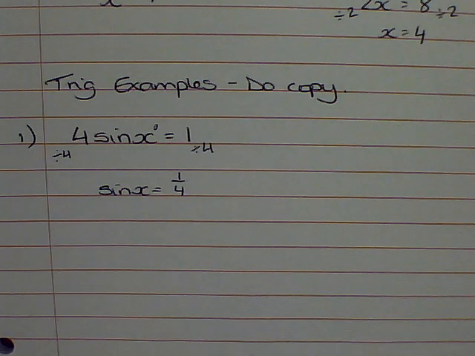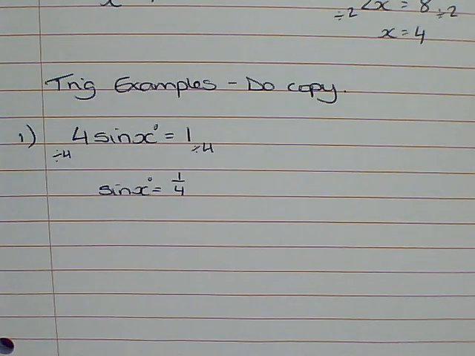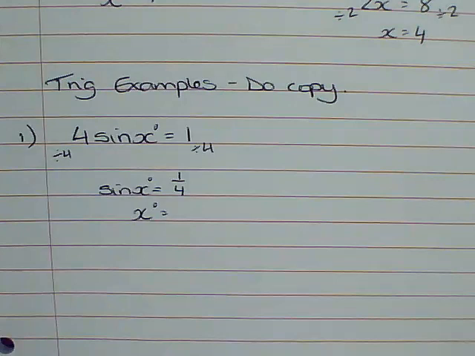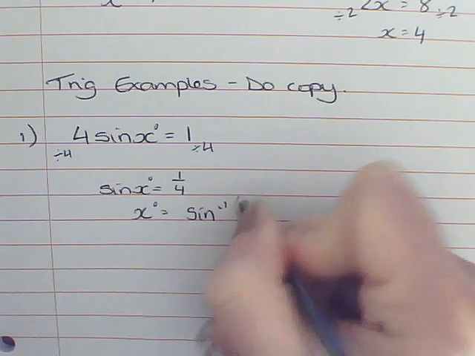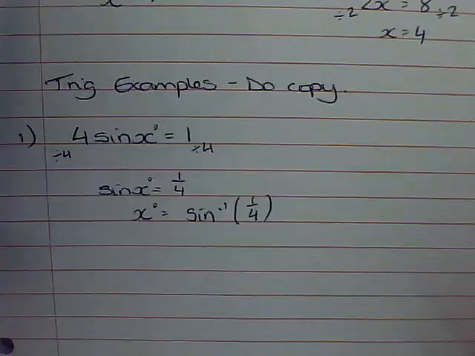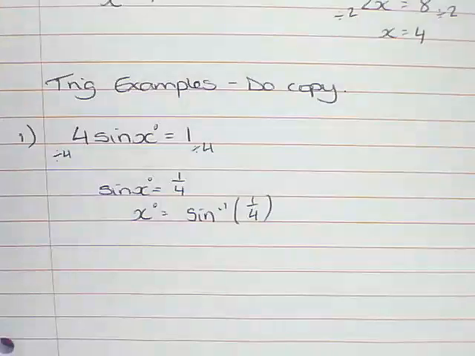Okay, and I am looking to get x on its own, so x like that. So I'm going to do the inverse of sine. Make sure your calculator has that letter D or it says deg at the top. If it doesn't, you're not going to get the same angle as I do here.